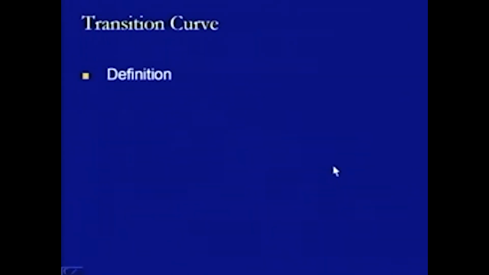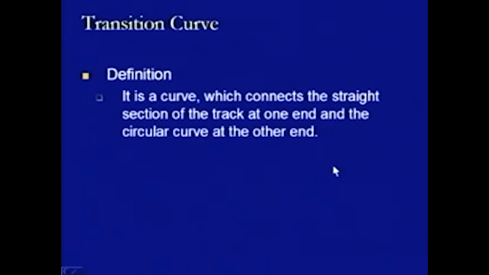Transition curves as definition can be defined as a curve which connects the straight section of the track at one end and the circular curve at the other end. So, there are two things which are happening here.